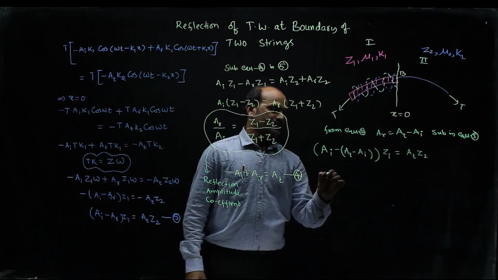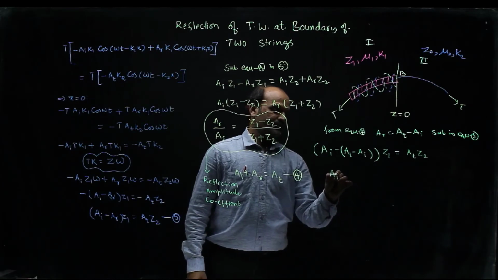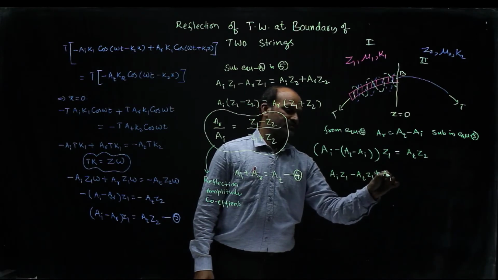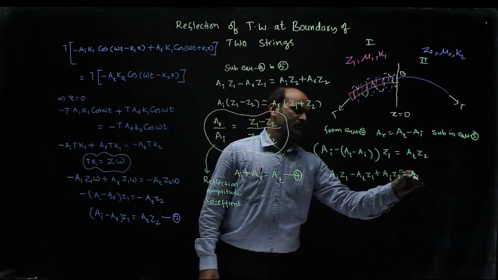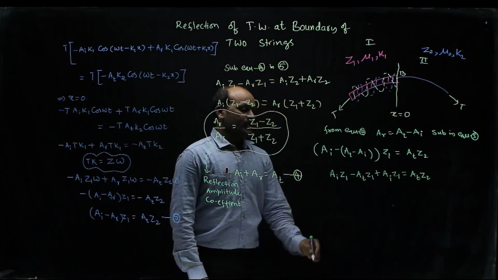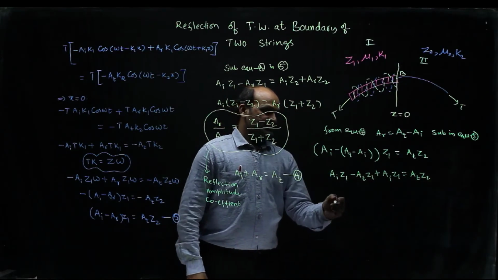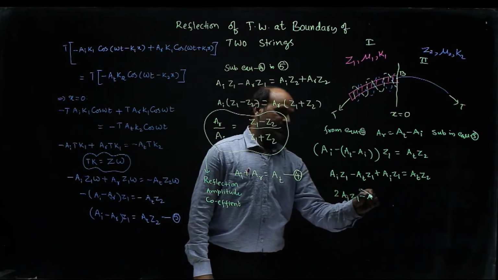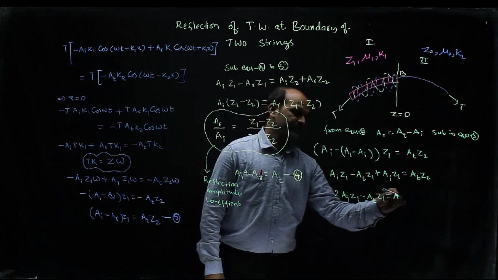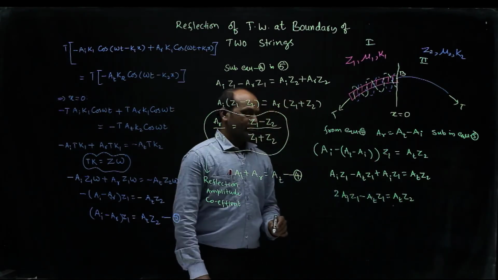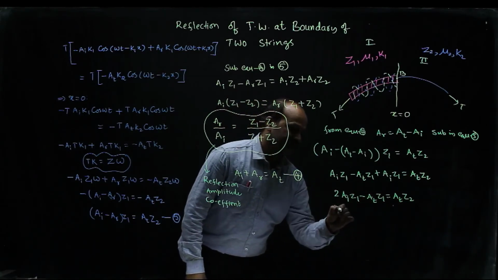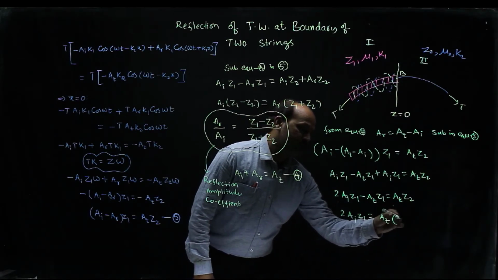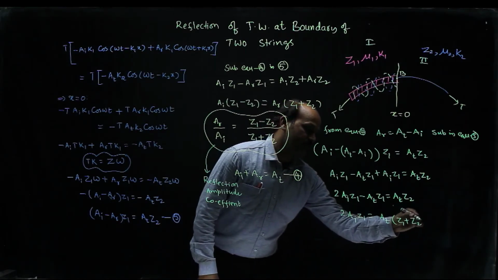Here, Ai Z1 minus At Z1 plus Ai Z1 is equal to At Z2. So 2 Ai Z1 minus At Z1 is equal to At Z2, and we take At to that side: 2 Ai Z1 is equal to At times (Z1 plus Z2).